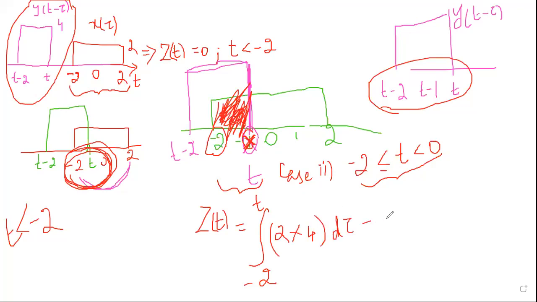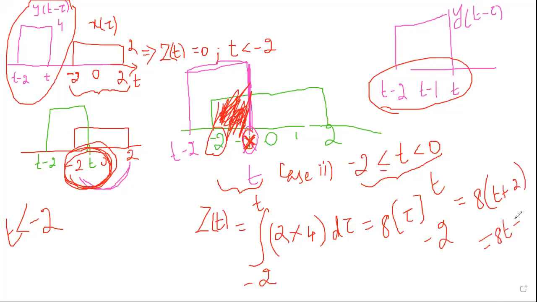So 4 twos are 8. 8 into tau. For this tau, I have to substitute the limits -2 to t. So my answer is 8 times t minus of -2, it is plus 2. So my final answer is 8t plus 16. See, complete this case 2. If I go to case 3, you will understand even more clearly.